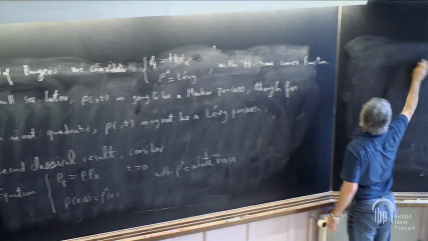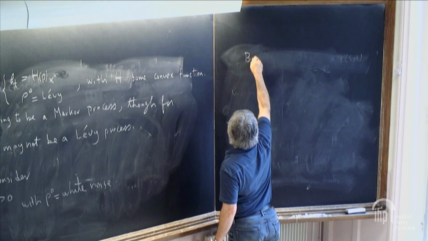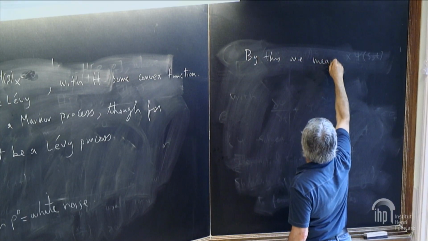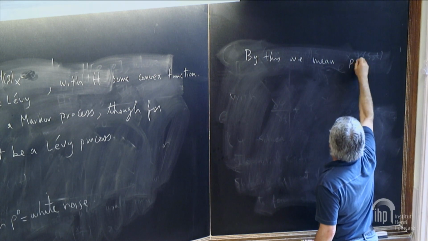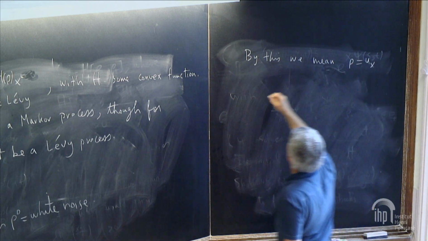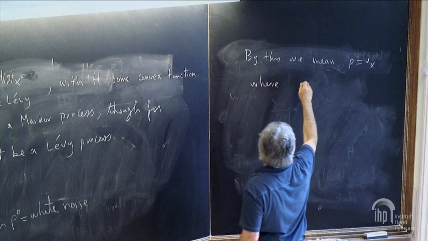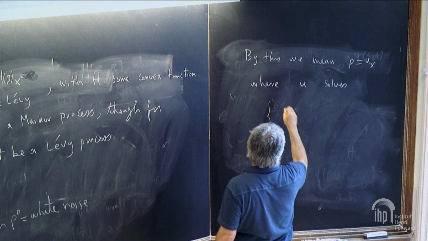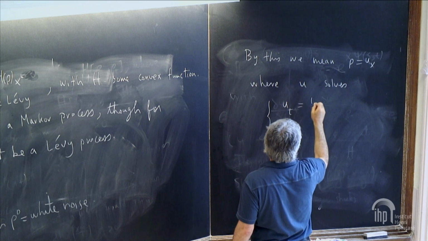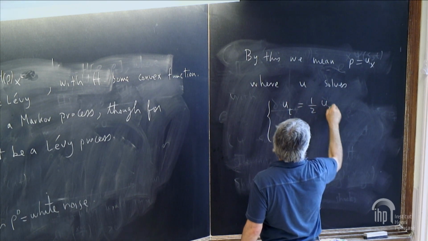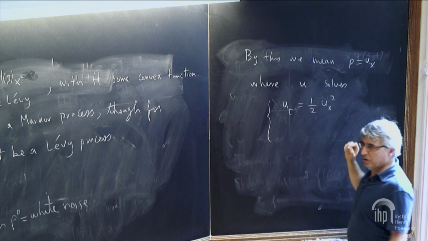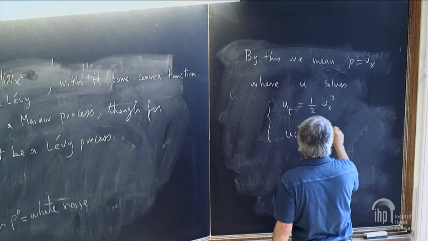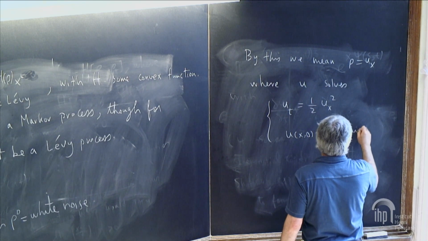By this, we mean rho is ux, where u solves ut equals 1/2 of ux squared, the so-called eikonal equation, and ux0 is Brownian motion.